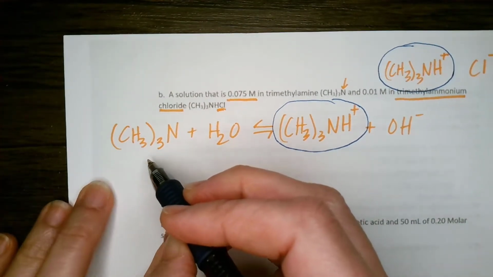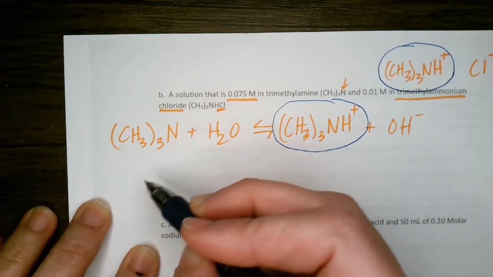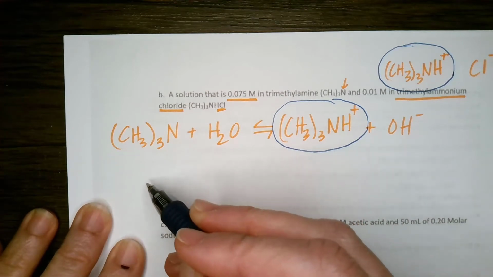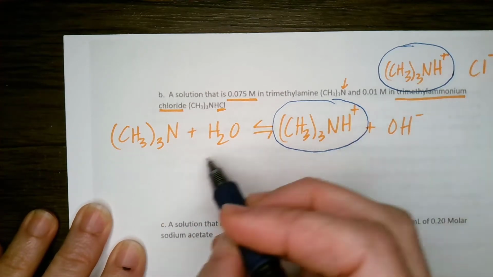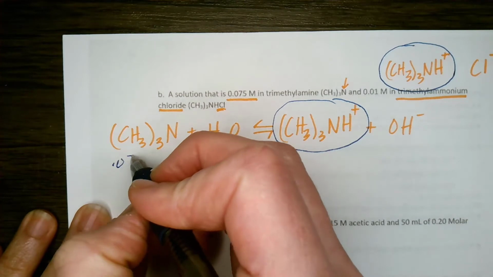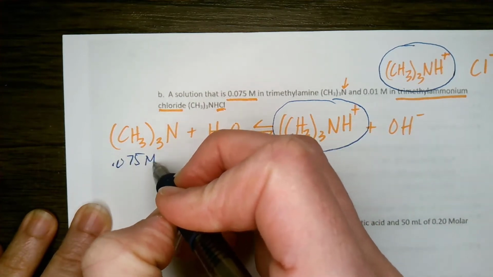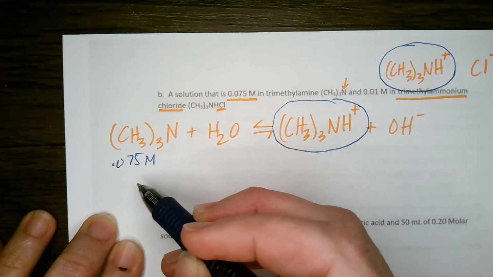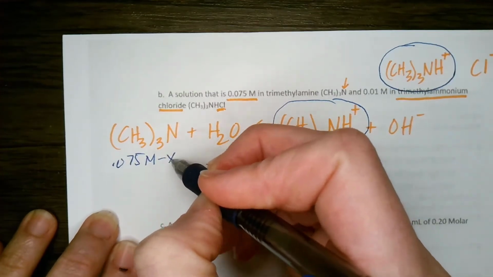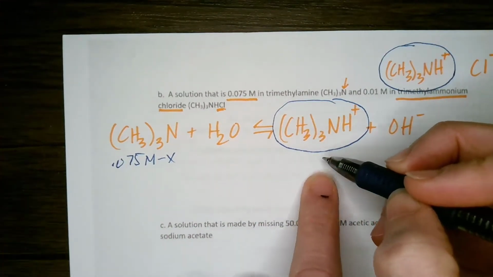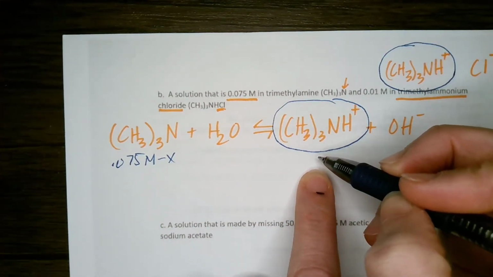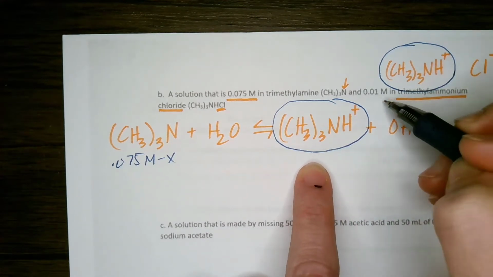So let's look at what we have. We have 0.075 molar of what we started with. And I'm going to forget the initial and the change, and let's just go to the equilibrium aspect of it. We know that we have 0.075 molar, and we're going to lose X, right?